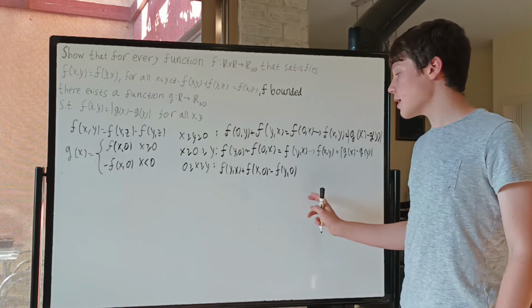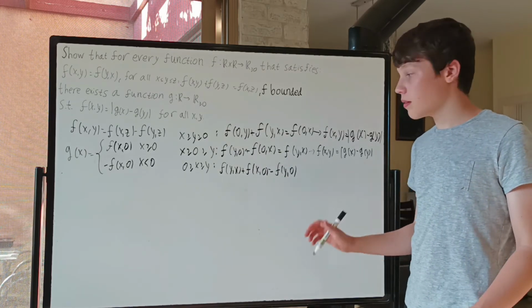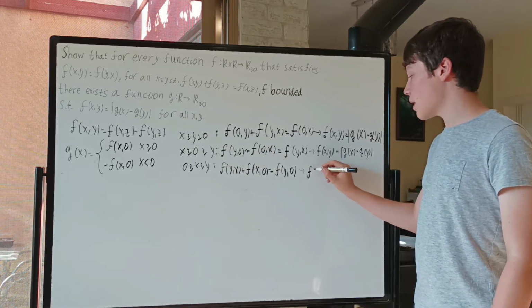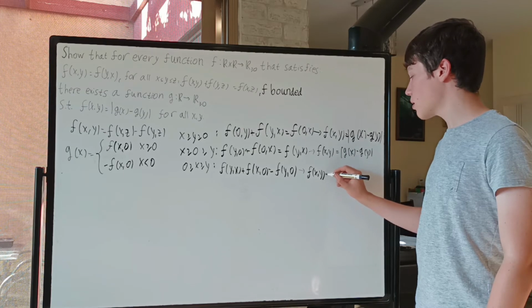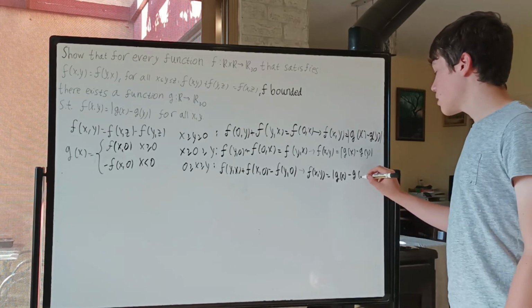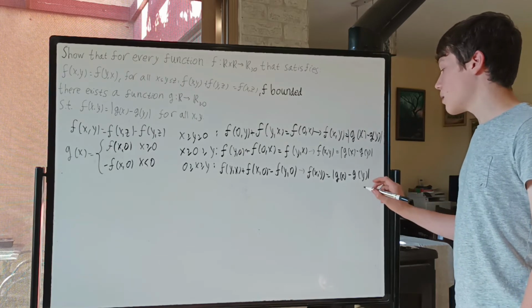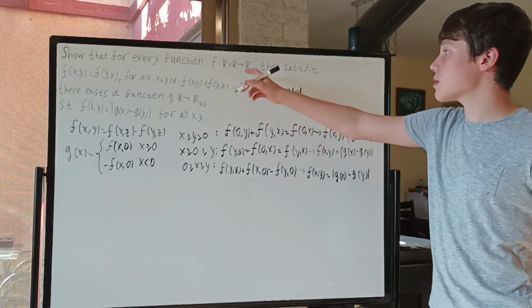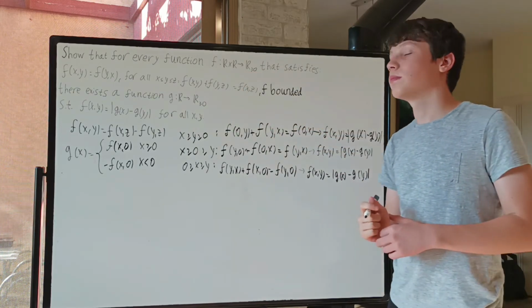If I move to the other side, I'll have g of x minus g of y, and this is f of x comma y. So I get that f of x comma y is equal to g of x minus g of y. And again I can just put the absolute value over it, since f is from R to R bigger than or equal to 0.